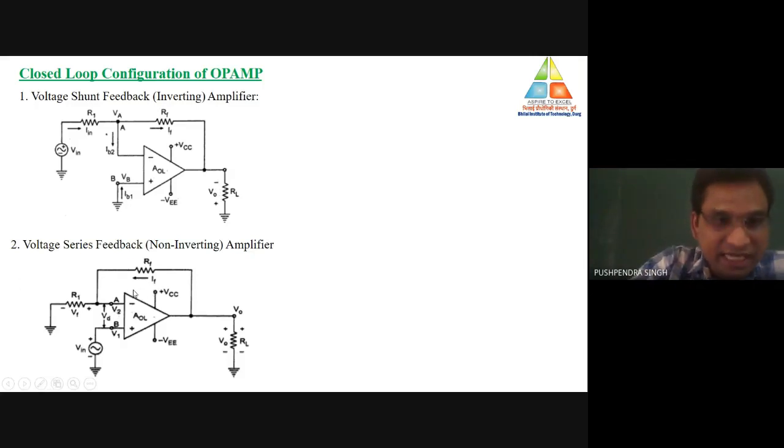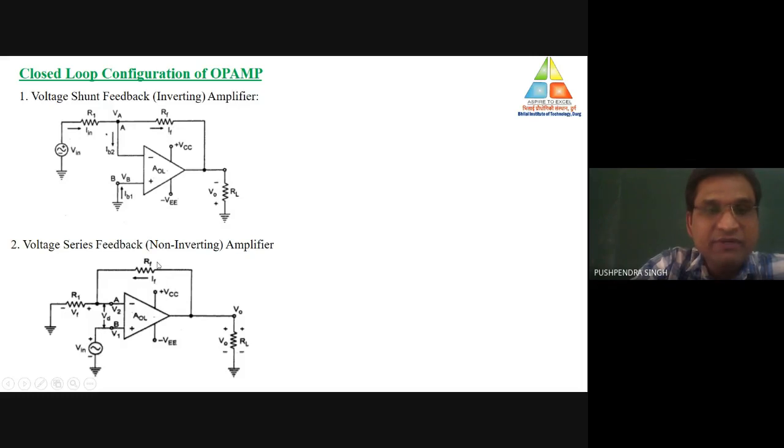Now the second type of connection is here. This is the non-inverting amplifier. Why am I calling it a non-inverting amplifier? Because the input signal is given at the positive or non-inverting terminal of the operational amplifier. Where is the feedback? The feedback element is RF, connected between the output terminal and the input terminal. Which input terminal? The negative terminal.